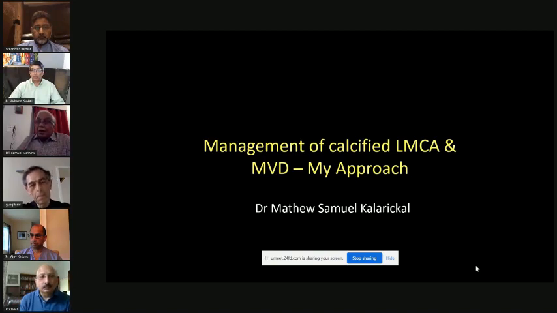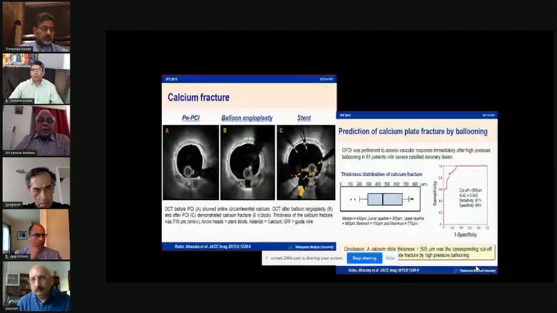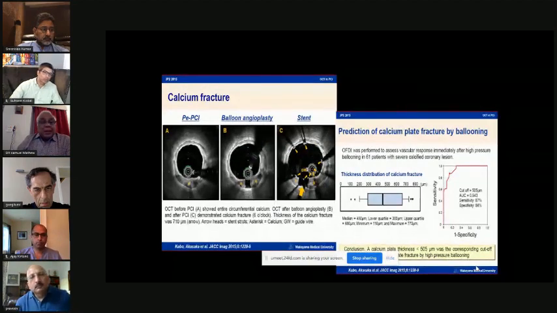Unless we have a randomized trial, we will not be able to answer that question. From all the work I have been doing, I've only been able to predict the immediate and midterm outcome, but long term we don't have any comparative data to give you at the present time.